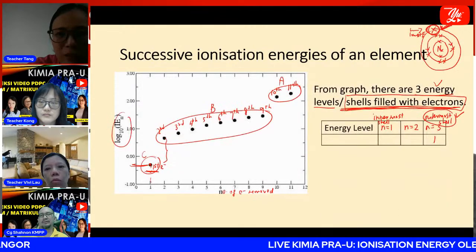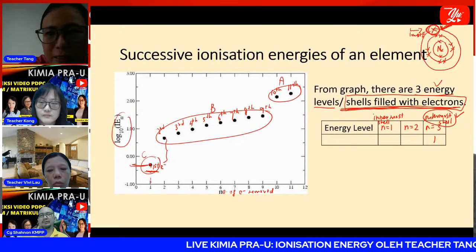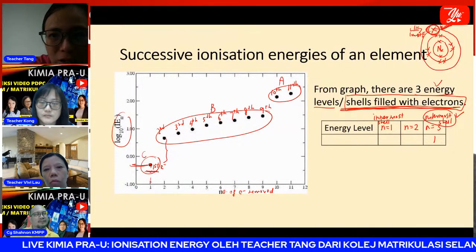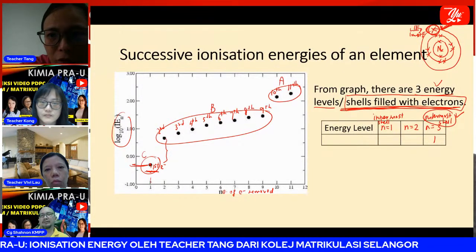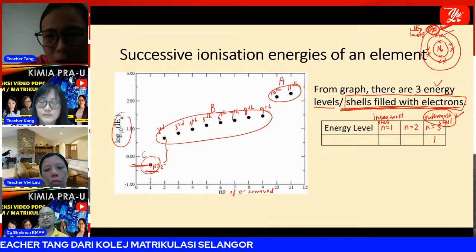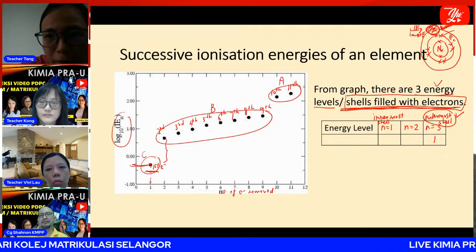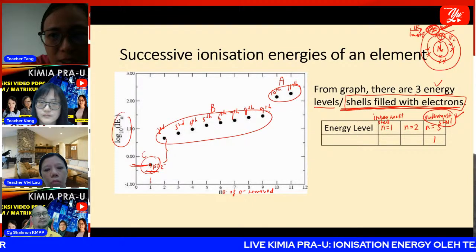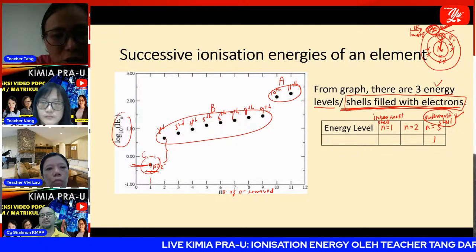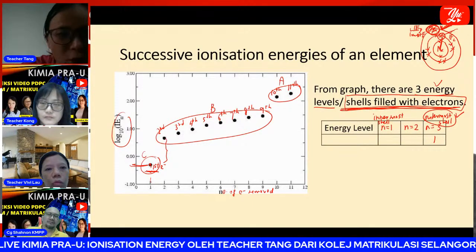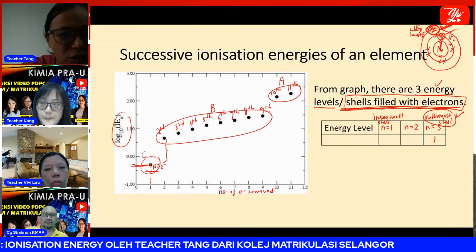Okay, so we can see from the diagram that I drew here. This is the first ionization energy, removing the electron from the outermost shell. Then the second electron is removed from the inner shell. The inner shell is closer to the nucleus, so the attraction is stronger, which means you need to put in a lot more energy to remove the second electron.